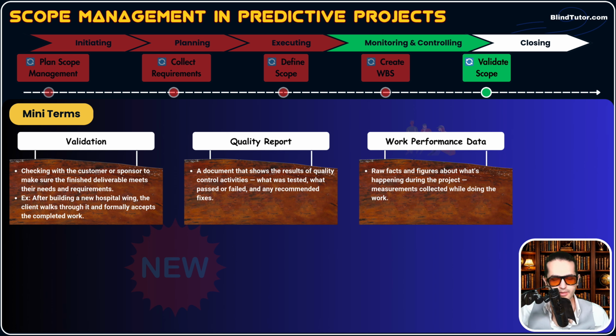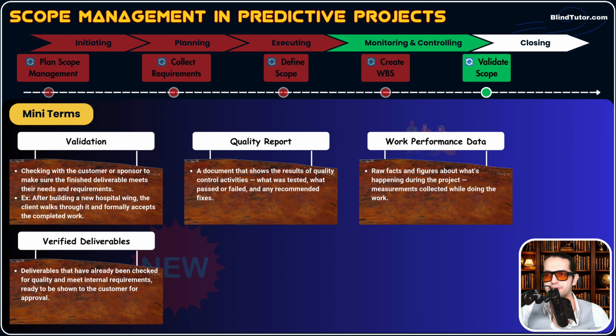Now, the next one is verified deliverables. Guys, verified deliverables means deliverables that have already been checked for quality and meet internal requirements, okay? Ready to be shown to the customer for approval. So once a deliverable is ready, your internal quality team checks if it meets the quality standards.